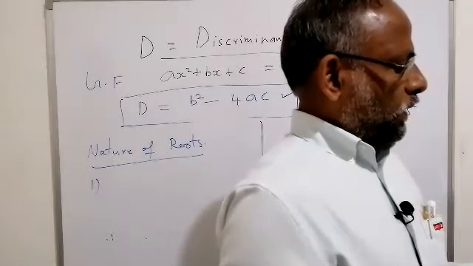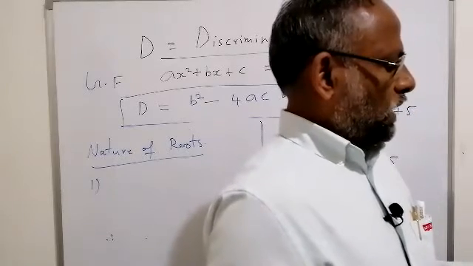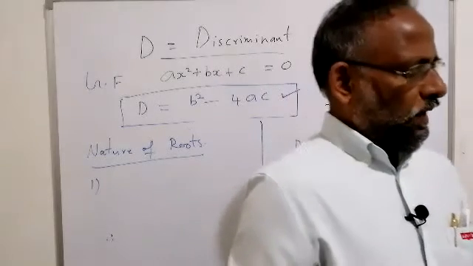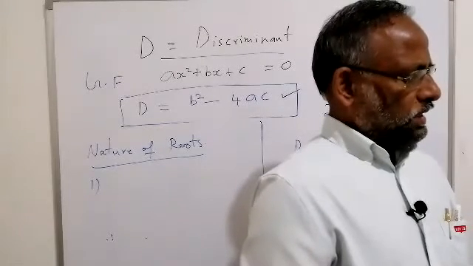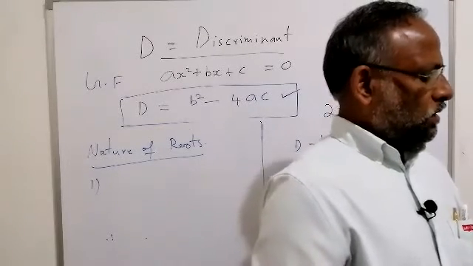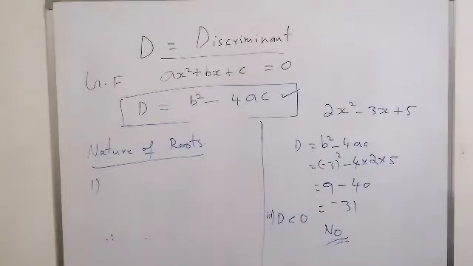A quadratic equation has, first condition, two different real roots if b² − 4ac is greater than 0, two equal roots if D is equal to 0, and no real roots if D is less than 0.